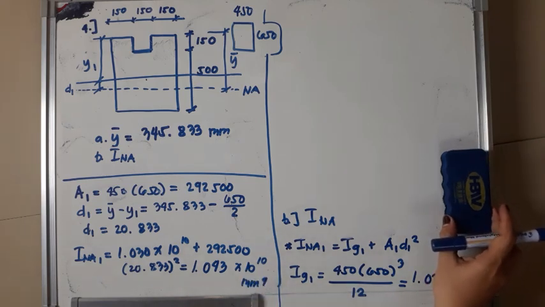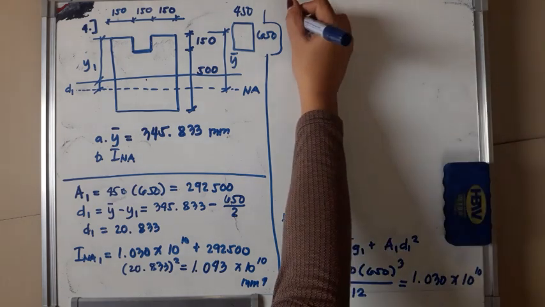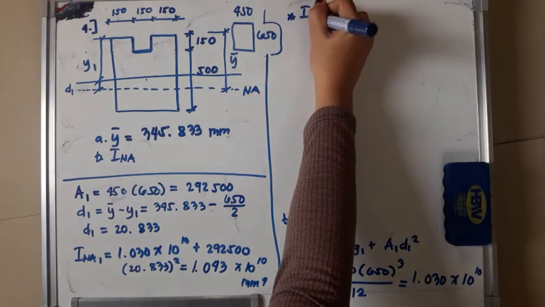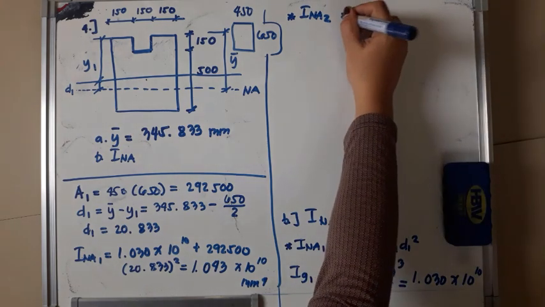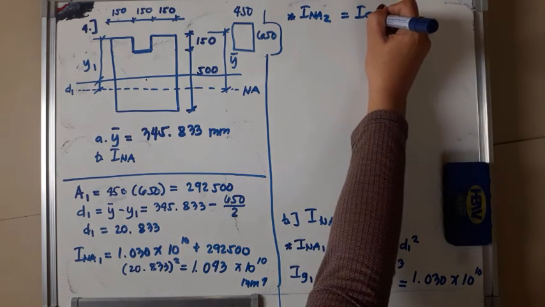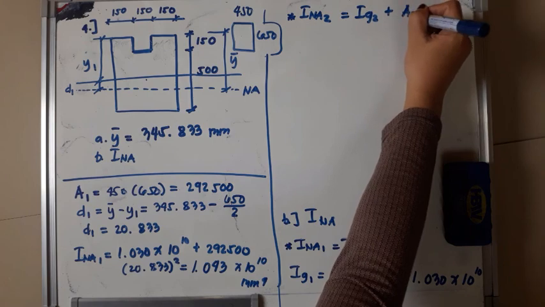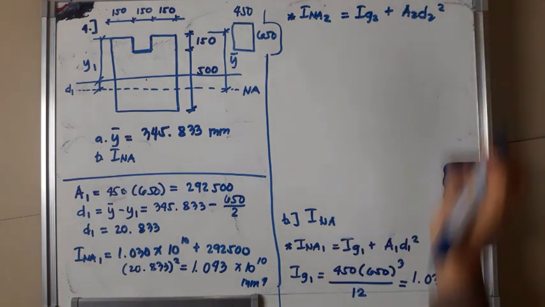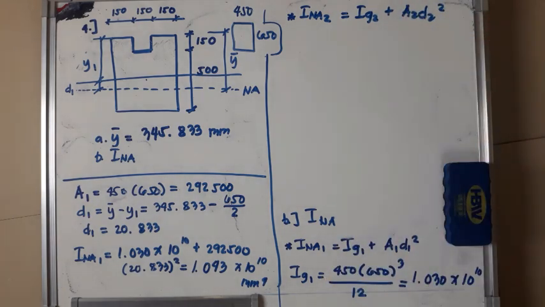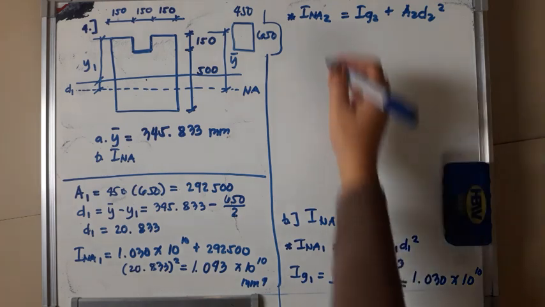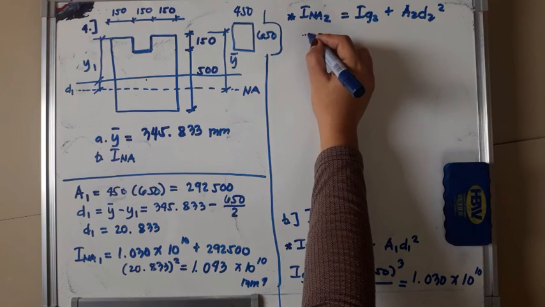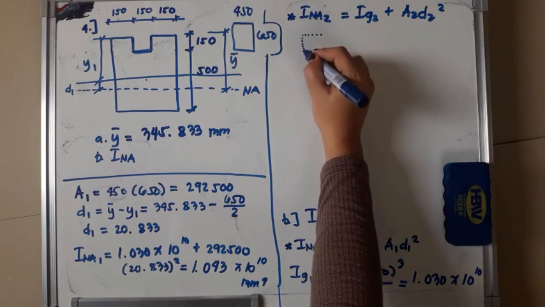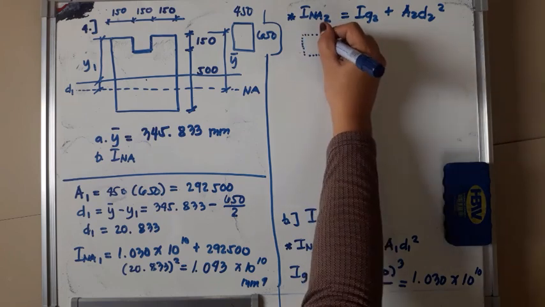How about our I and A2? For I and A2, same process. So I and A2 is equal to IG2 plus A2 D2 squared. IG2, so remember this is our area 2, the hole.